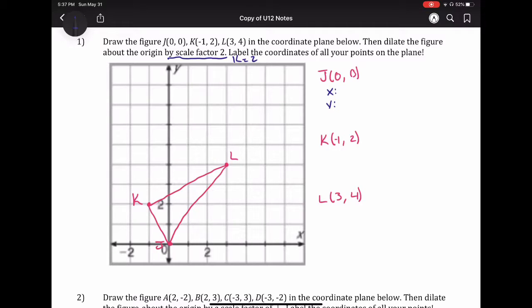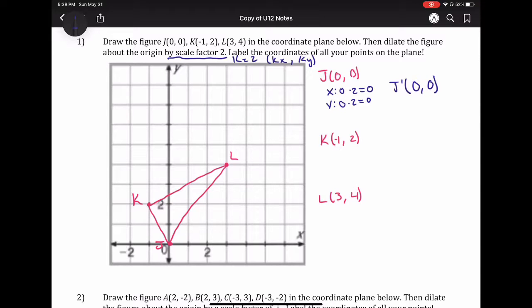And my new points are going to be kx and ky. So my point J, I have 0 times 2, which is 0. Y happens to be the same thing. 0 times 2 is 0. So my new J is at the point (0, 0).